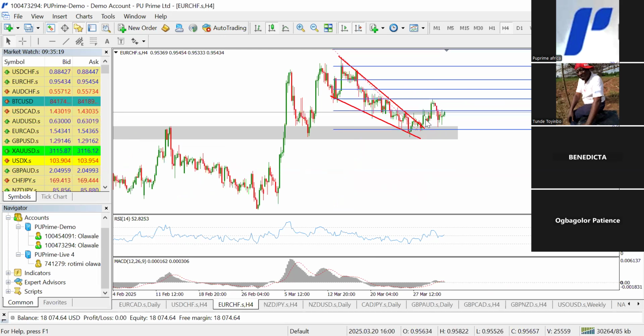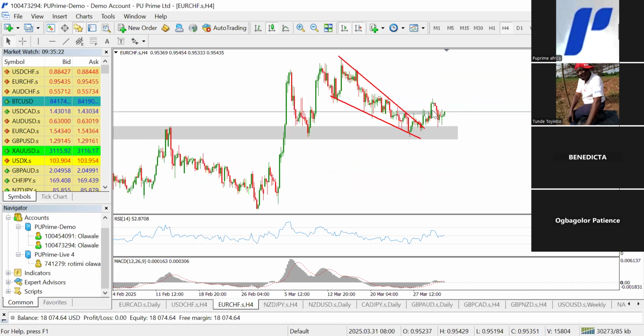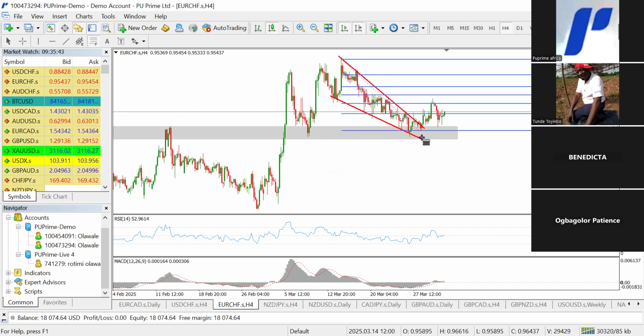And I said I was bullish. And yes, price did break out into the bullish direction. But then it retraced. Now it's trying to form a double bottom, might go up. So this is my current view. At least it's gone slightly in the direction where we anticipated it to go earlier on.